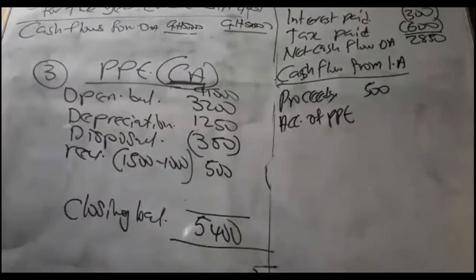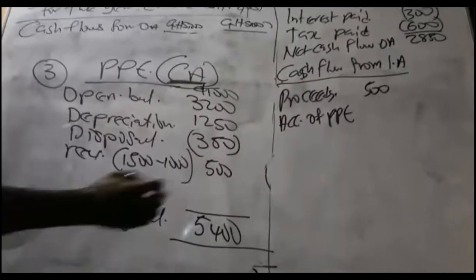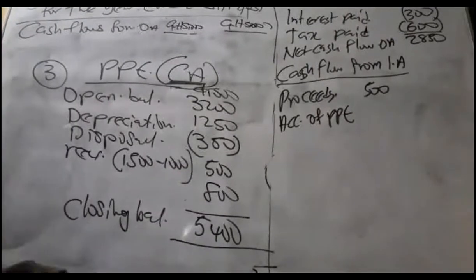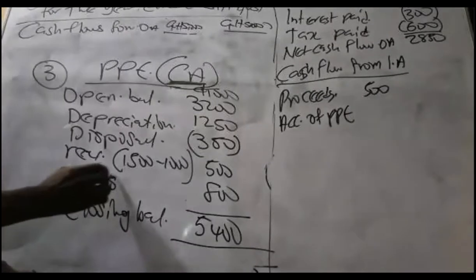Agreed. So let's put 800 here. Call it cash, into bracket the balancing figure.